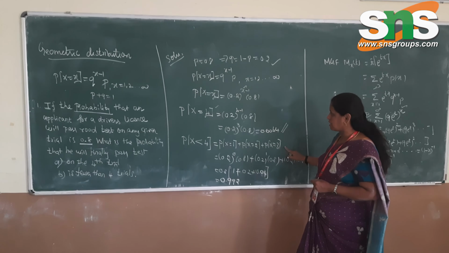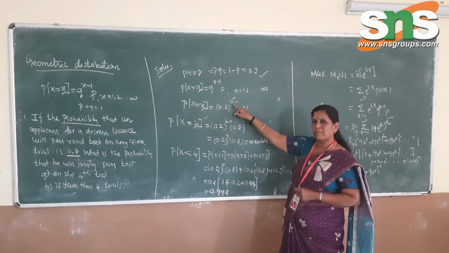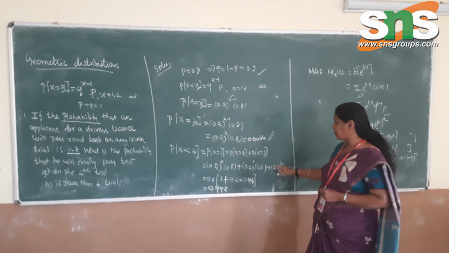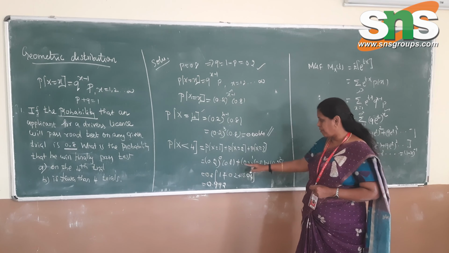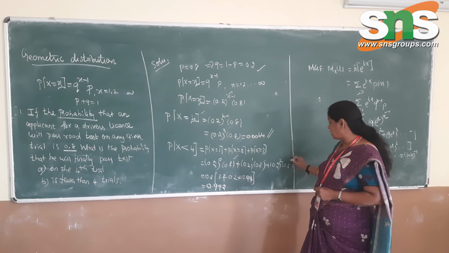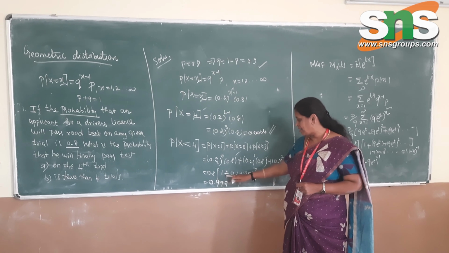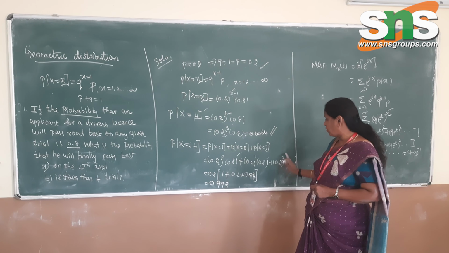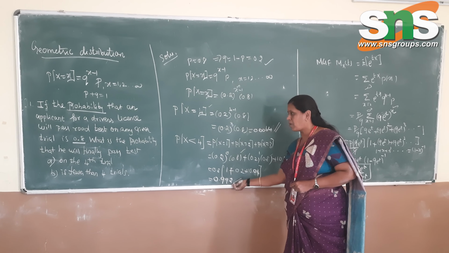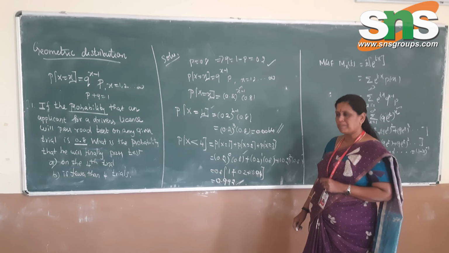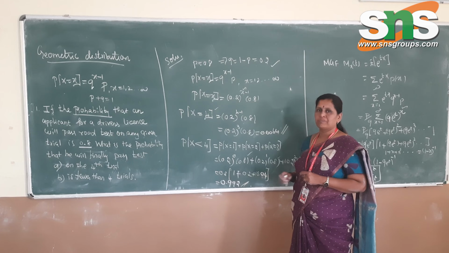Next, probability of x equal to 3: putting x equal to 3 here, 0.2 the whole power 3 minus 1, we get 0.2 the whole square into 0.8. So 0.8 is common for all the terms. Taking it outside, anything to the power 0 is 1, plus 0.2, plus 0.2 the whole square, which is 0.04. By simplification, we get the probability that he will finally pass the test in fewer than 4 trials is 0.992.